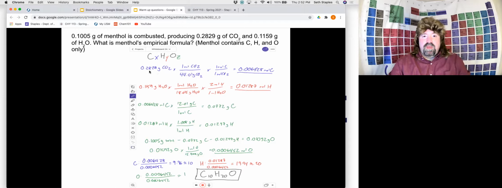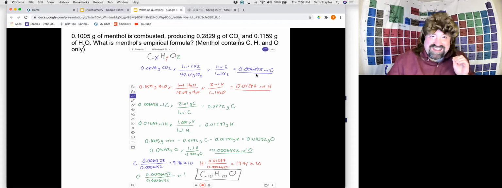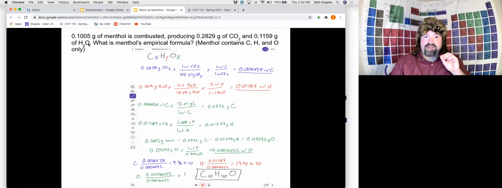Our first step is to try to convert all of our given amounts to moles. I take the amount of carbon dioxide that we had and convert that over to moles of carbon dioxide. I have 1 mole of carbon for every mole of CO2, and so I get 0.006428 moles of carbon. Remember, that had to have been the amount of carbon present in my initial sample, in this 0.1005 grams.